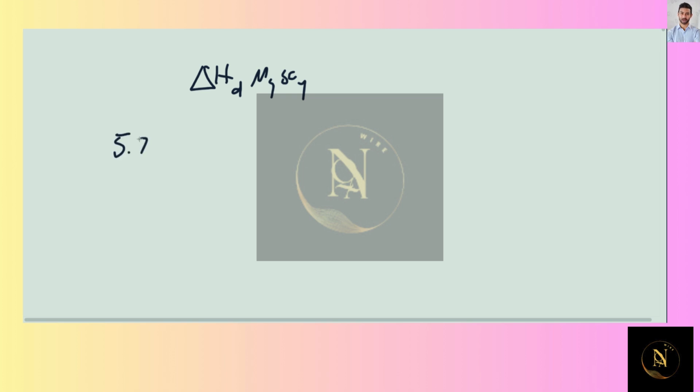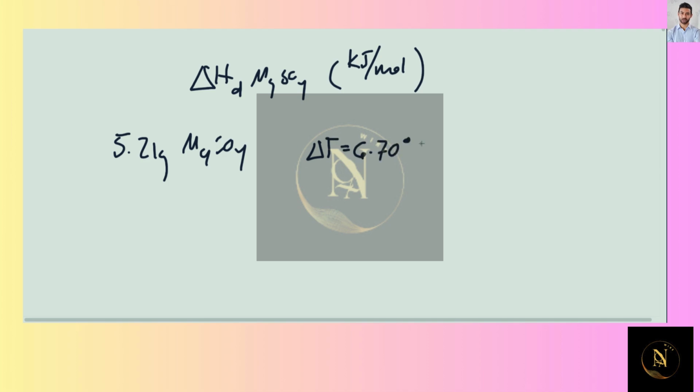We had 5.21 grams of magnesium sulfate, and we put it in water, and that increased the water's temperature by 6.70 degrees C. And we had 10.0 milliliters of water.